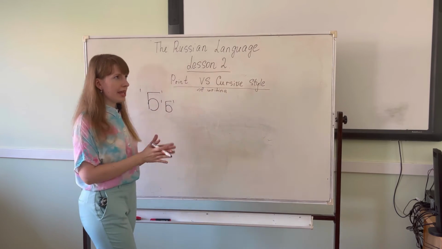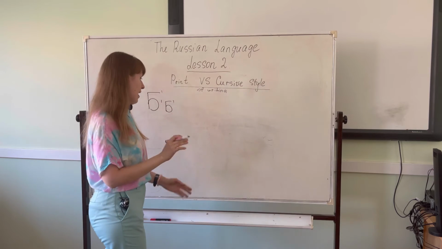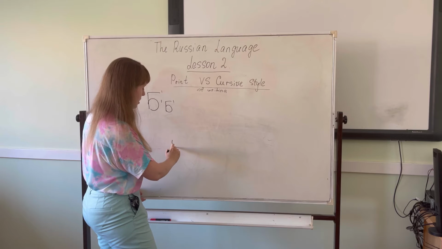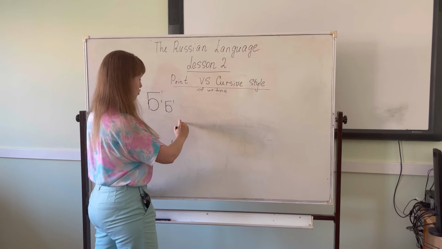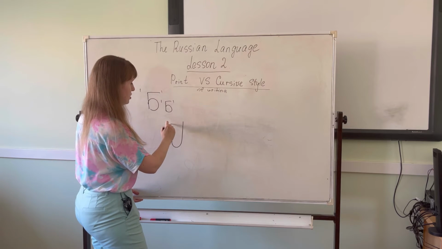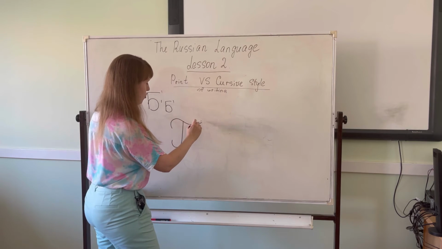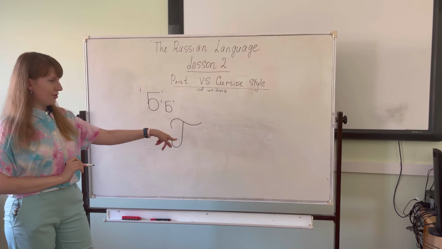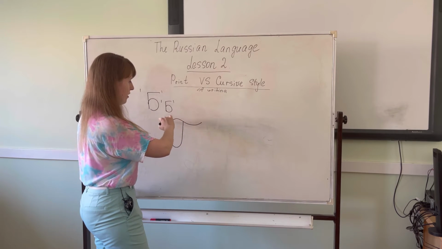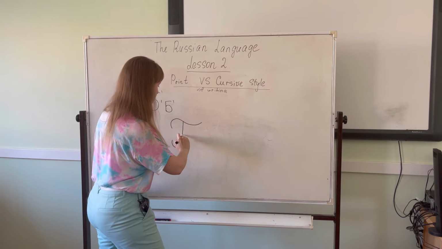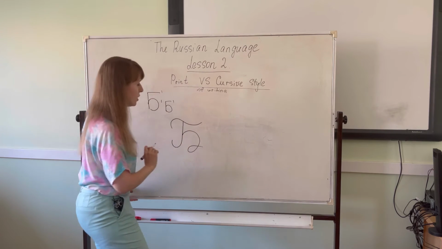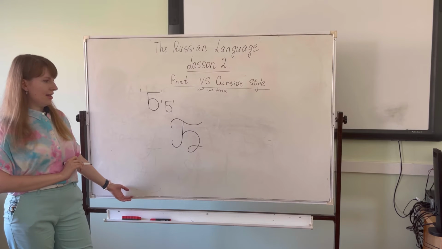To make a proper cursive B, you need to start with, again, a downside stroke like this, then a horizontal cross stroke like this. It's very beautiful. So a downside stroke, then a horizontal cross stroke, and a kind of oval with a loop, something like this.